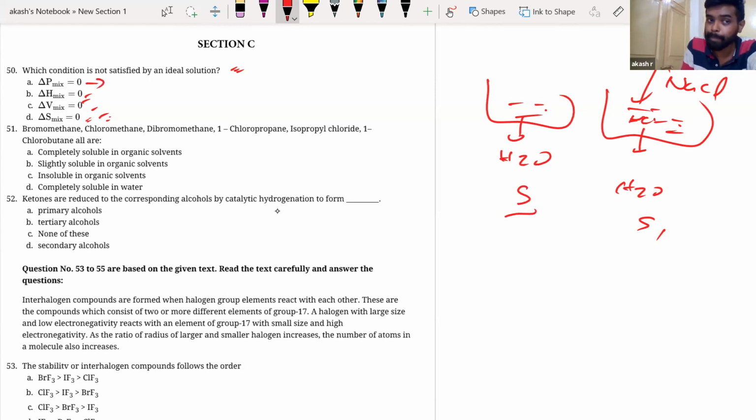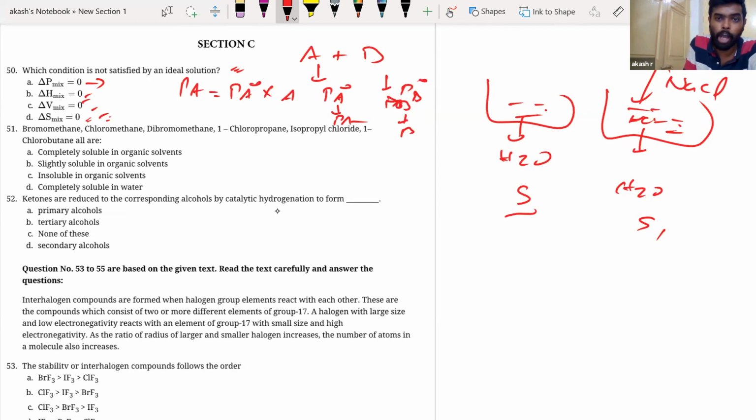Now delta P mix for an ideal solution should be 0, because I write PA is equal to PA naught into XA. I have two liquids A and B. This will have a PA naught, this a PB naught. When I mix them together, they become PA and PB, and I know how PA and PB are related to PA naught and PB naught.